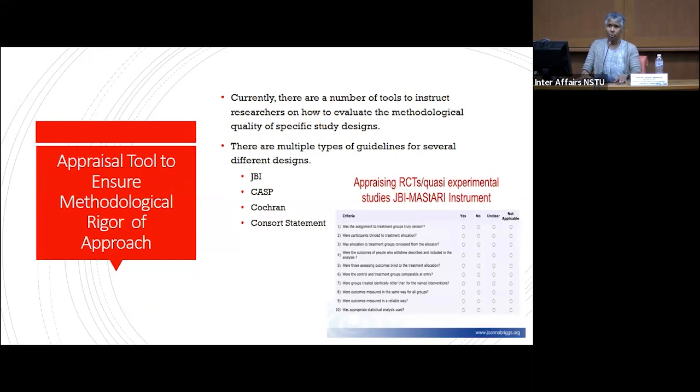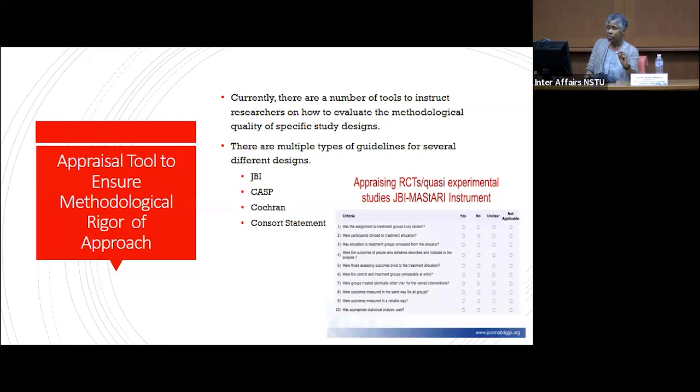In addition to your project mapping tool, which tells you 25 sections that you need to very carefully consider in developing your proposal, I also recommend that you use an appraisal tool that is consistent with the research design you're using. So if I'm using a quasi-experimental design, I want to go to JBI or one of the other appraisal tools that tells me what are the sources of error in quasi-experimental designs.